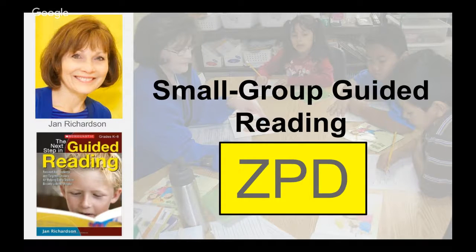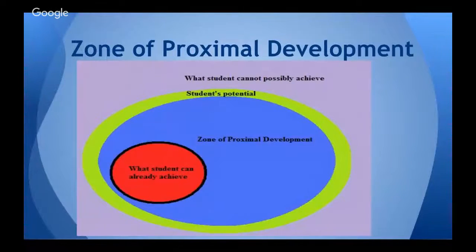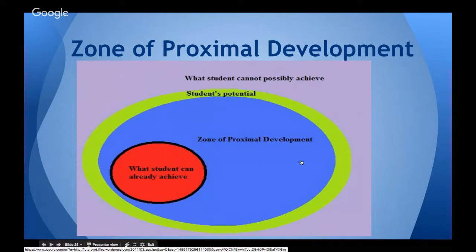Guided instruction, we say, has to be at their instructional level, which is their zone of proximal development. For the longest time, I never thought that was such a big deal. I get it today, though, that the zone of proximal development is this blue area. This is what the child can do on his own, and you see the green ring here that says the student's potential.